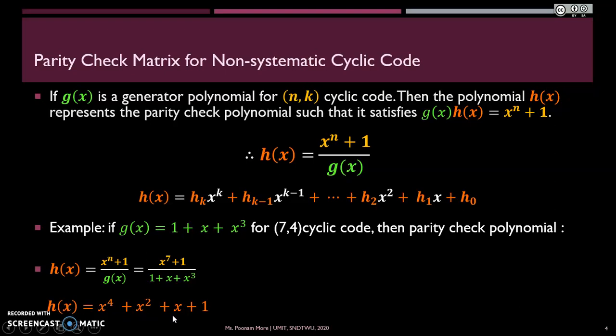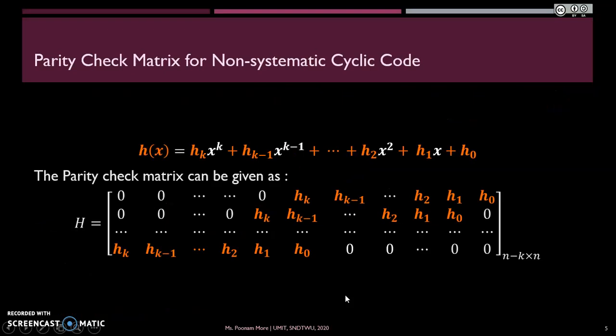Now by using this parity check polynomial, we can find our parity check matrix as shown over here. So this is a generalized equation for the parity check polynomial. By considering its coefficients, you can form the parity check matrix as we have done for the generator matrix as well. But here the only difference is you will start writing the coefficients from the right side.